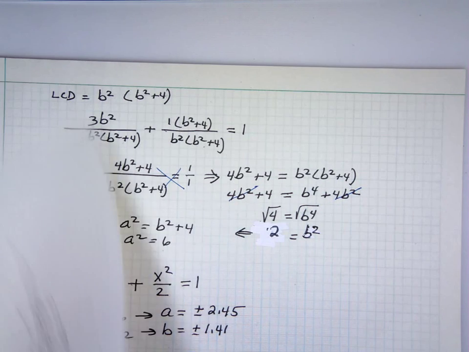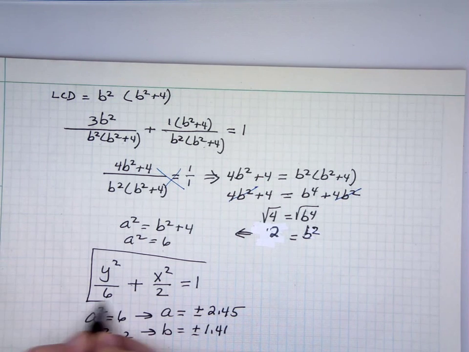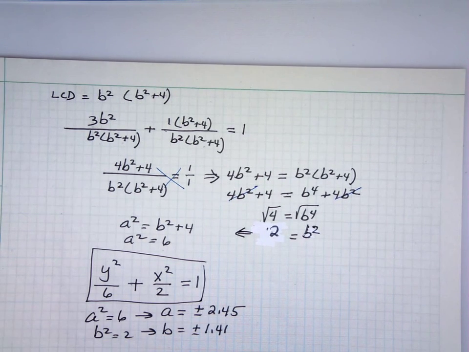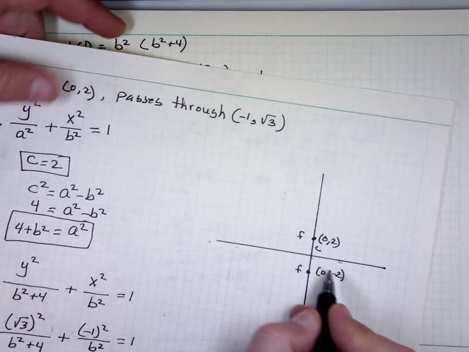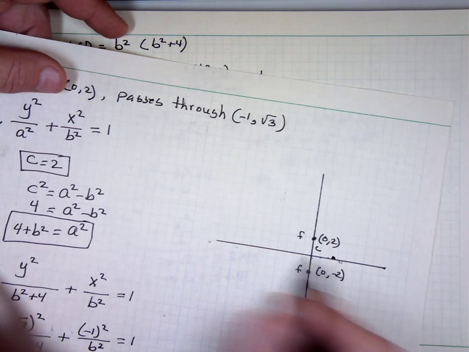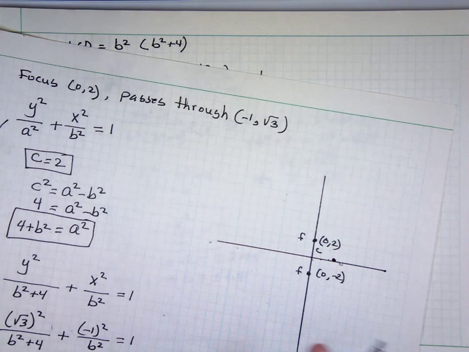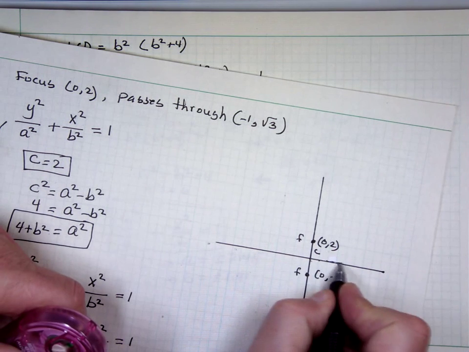I found the equation for it. I'm ready to graph it. A is 2.45. This is 1, 2, 2.5, somewhere here. Oh, up and down, sorry. A is up. We said this is up and down. 1, 2, right there.